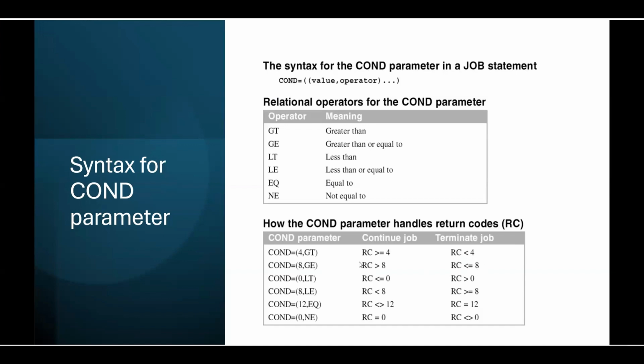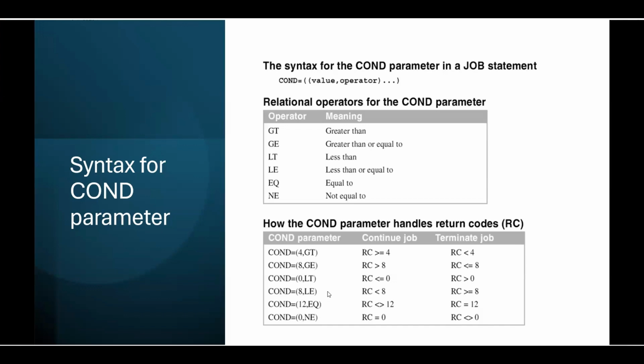Whatever return codes are greater than 8 make the condition not true, and you will continue your job. And if the return code is less than or equal to 8, the condition is satisfied, and your job will terminate.